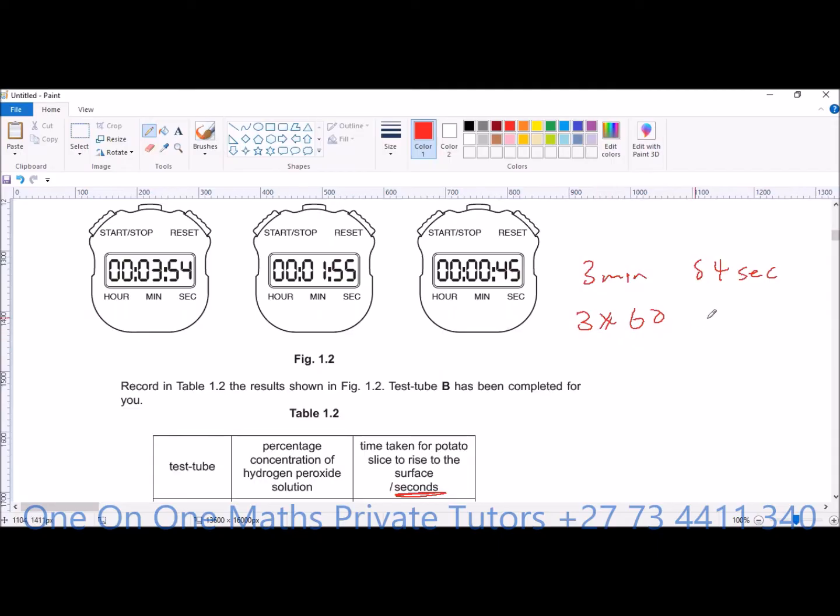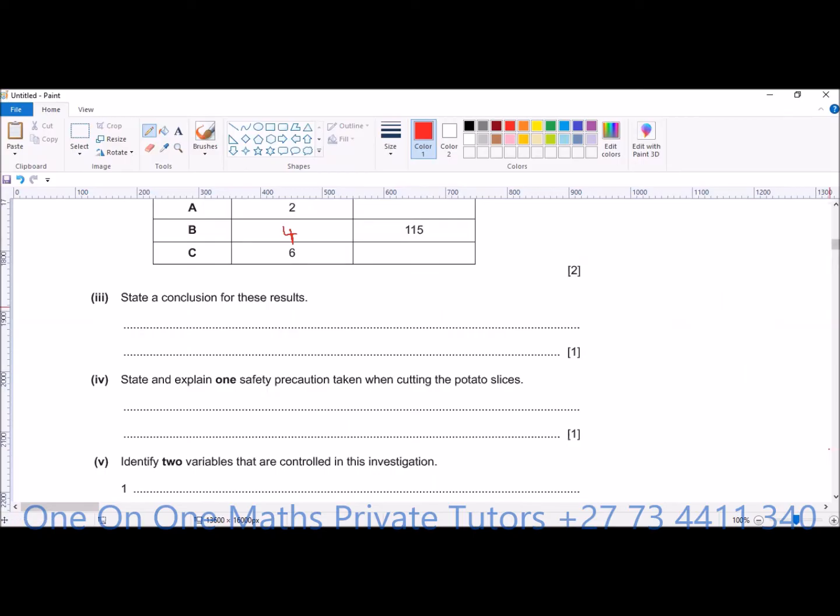Which is 180. All right. Plus 54. 0 plus 4, 4, 8 plus 5, 18, 3 carry 1, 2. 234 seconds. So here we should write 234, converting the time to seconds.